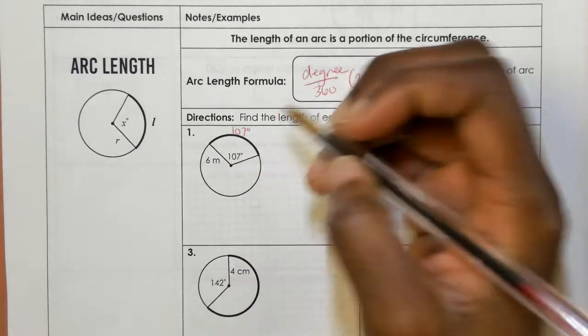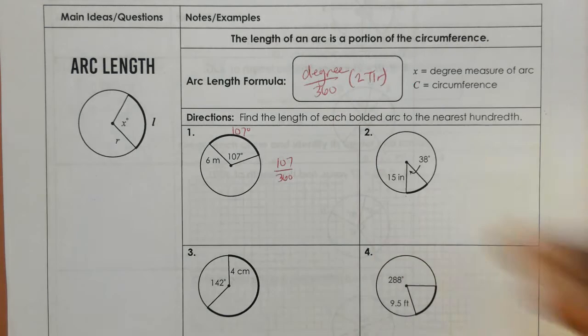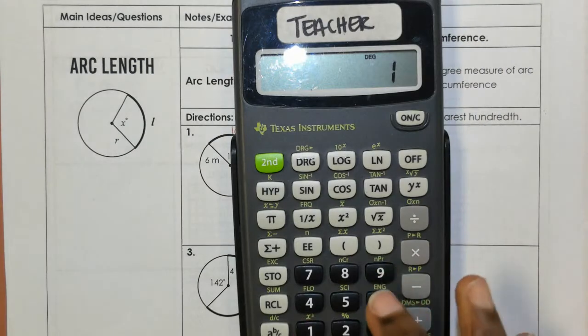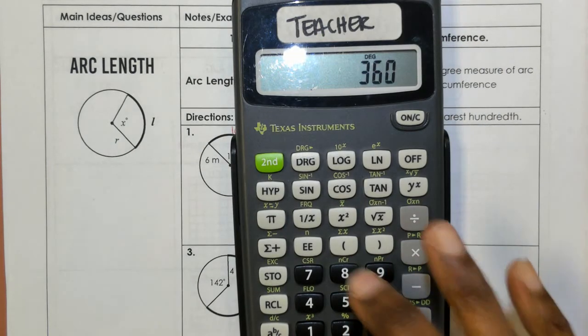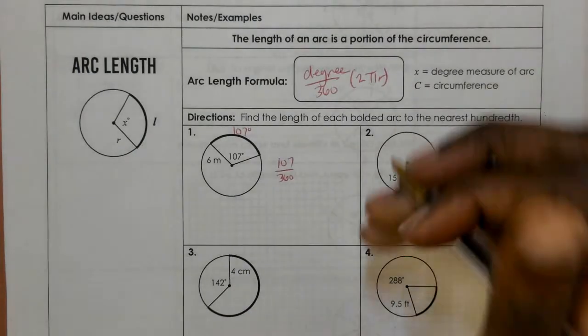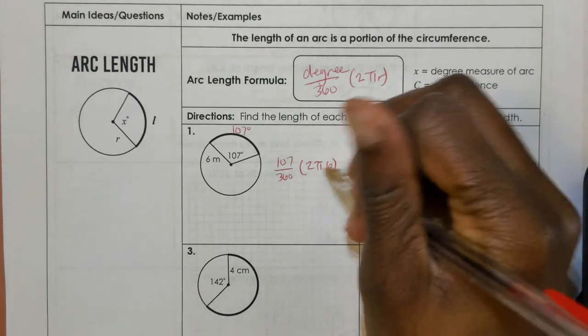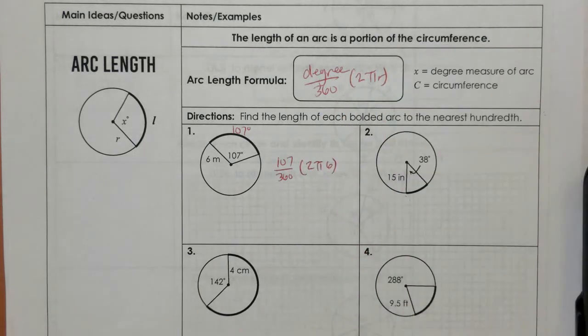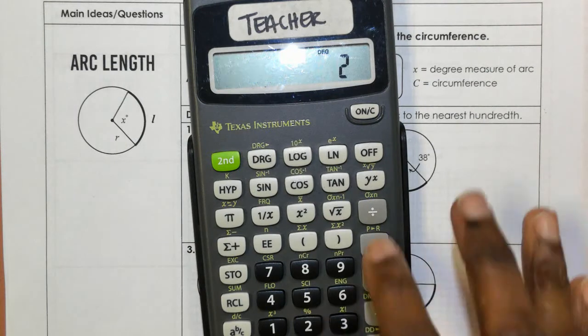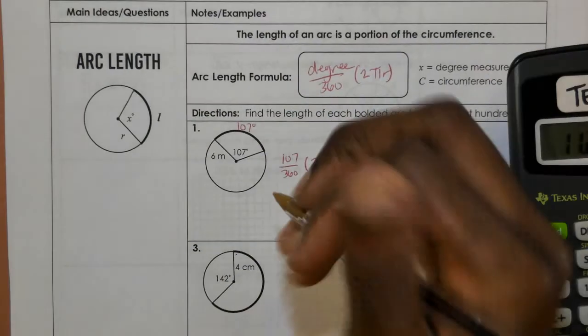The angle is 107, so the arc is 107 out of 360, which tells us we're really working with almost 30% of the circle. So 30% of the circle's length, which would be 12 pi if we were to multiply that. So 30 times 2 times pi times 6, it's like 11.21.